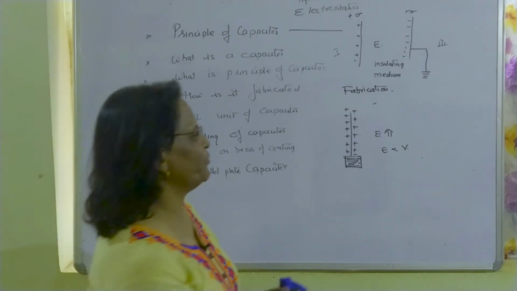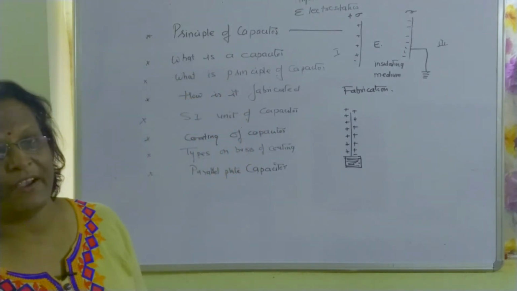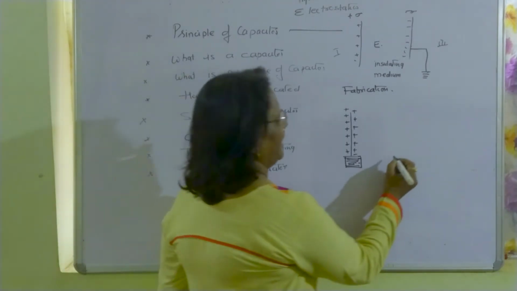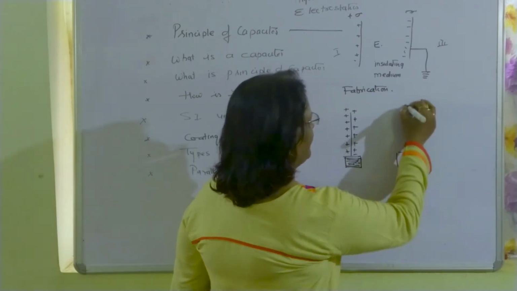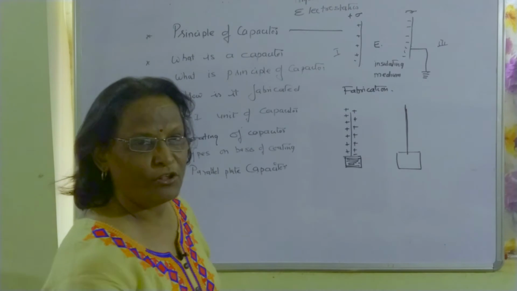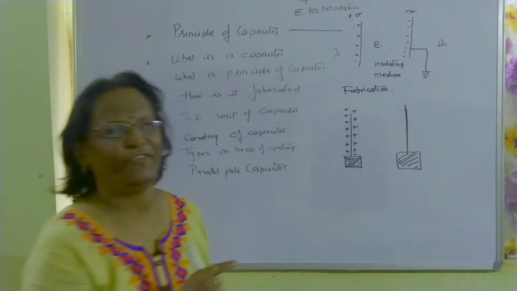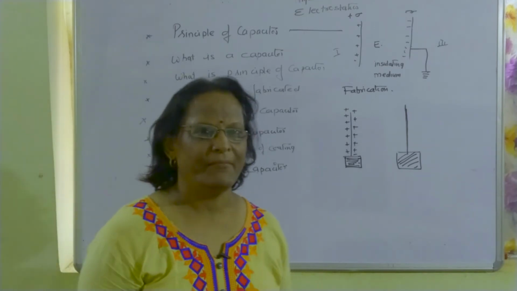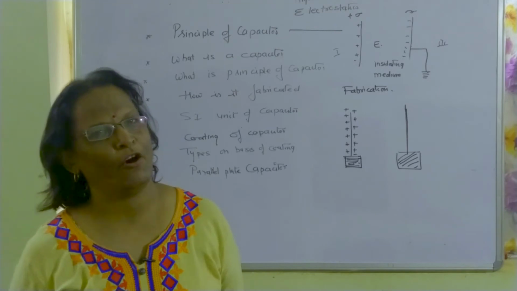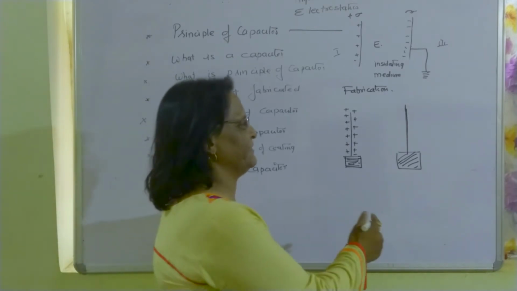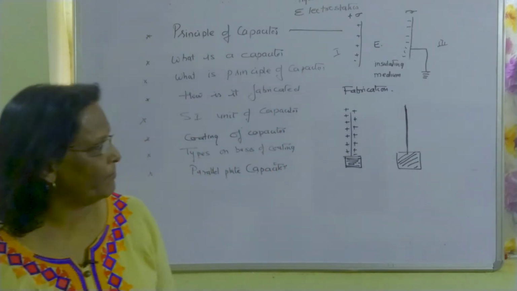Now what do we have to do? We want to continue and increase the capacity. We bring one more plate, an uncharged metallic plate, also on an insulated stand, and place it in the electric field region of the first plate, where the influence of attraction or repulsion exists, near the positive plate.